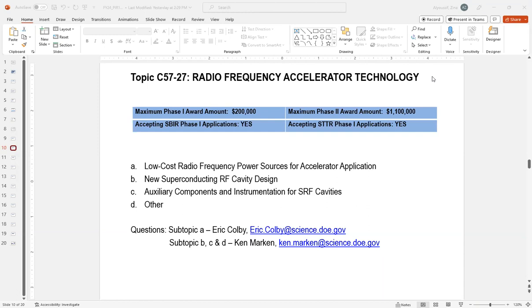Okay, subtopic B is for new superconducting RF cavity designs. The cost of niobium superconducting RF cavities remains a challenge for us. So a key motivation for this topic is new designs and processing methods that enable cost reduction while maintaining high performance, namely high cavity Q factor and electric field gradient.